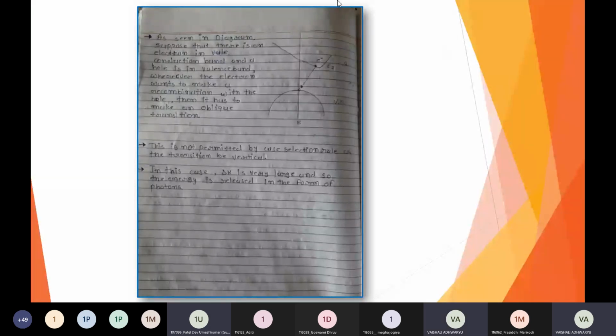And that would not be of the visible range? Megha, પ્રયત્ન કરો Megha.